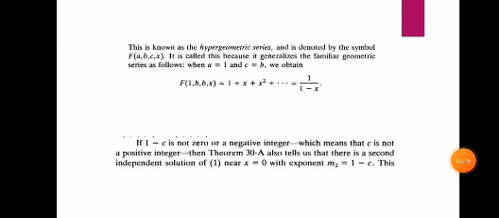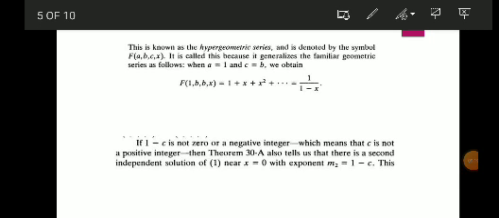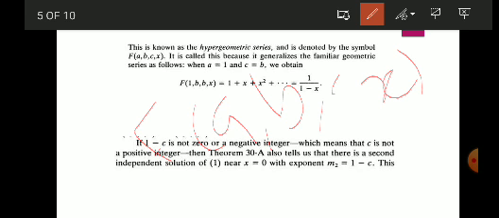This result is denoted by F of a, b, c, x. F of a, b, c, x is called the Gauss hypergeometric function.